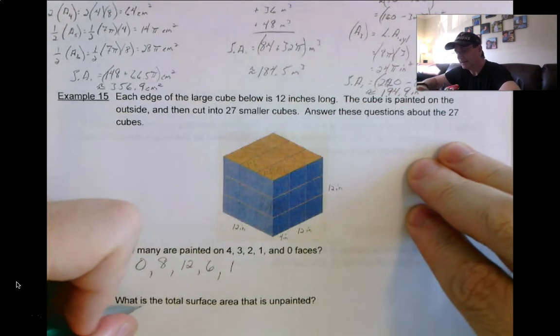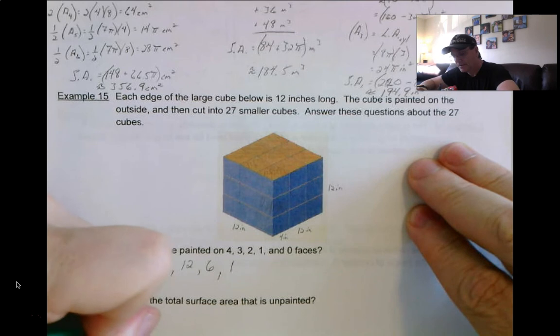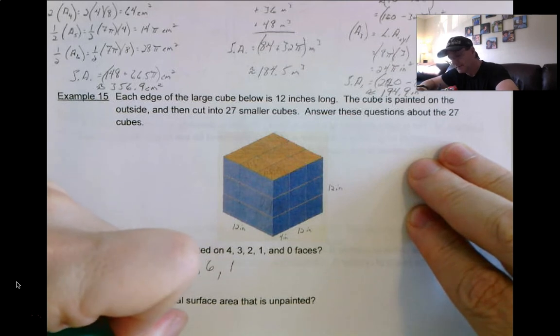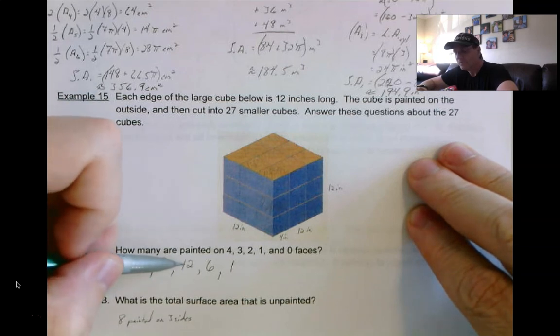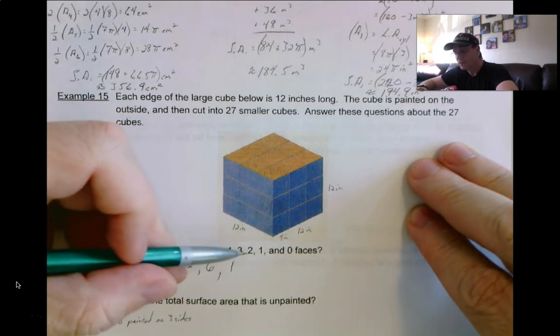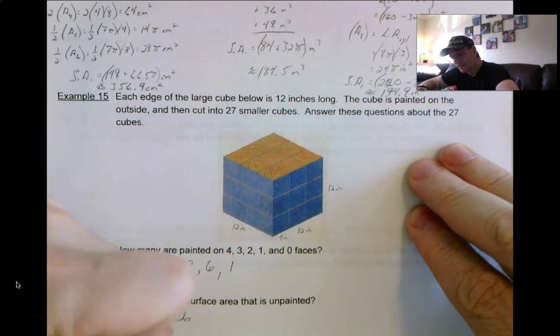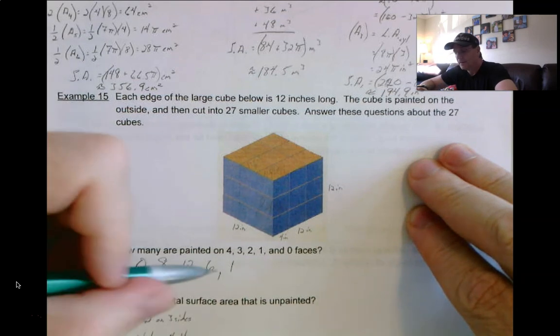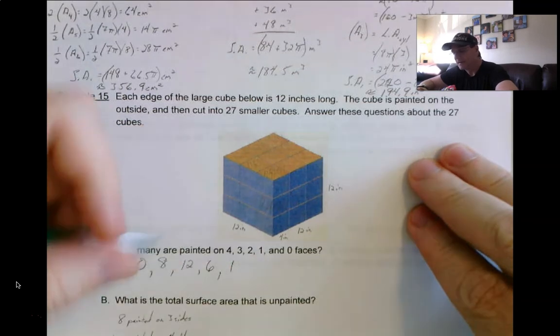So there are 8 of them painted on 3 sides. There are 12 of them painted on 4 sides. There are 6 of them that are painted on 5 of the sides.